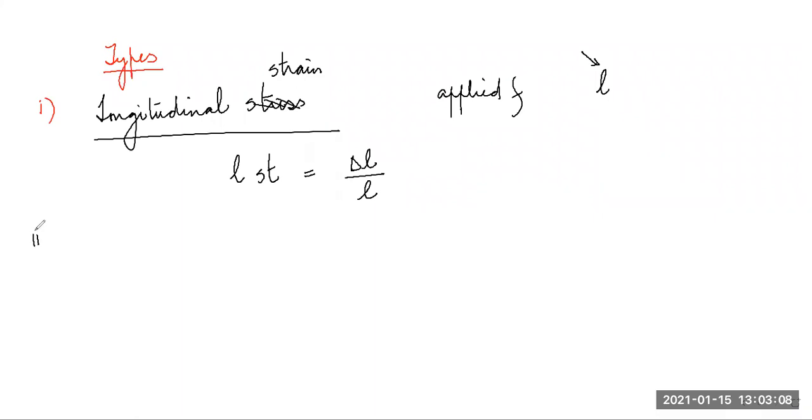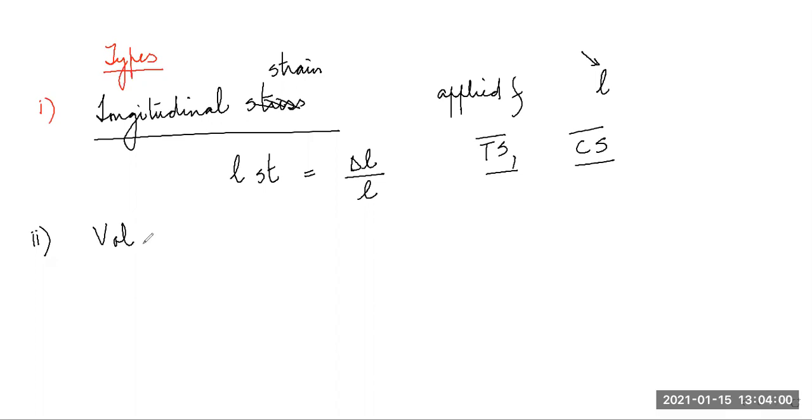Number two. So, before stating second one, you see students, both tensile stress and compressive stress both will give longitudinal strain, right? Number two comes, yes students, now we have hydraulic stresses.